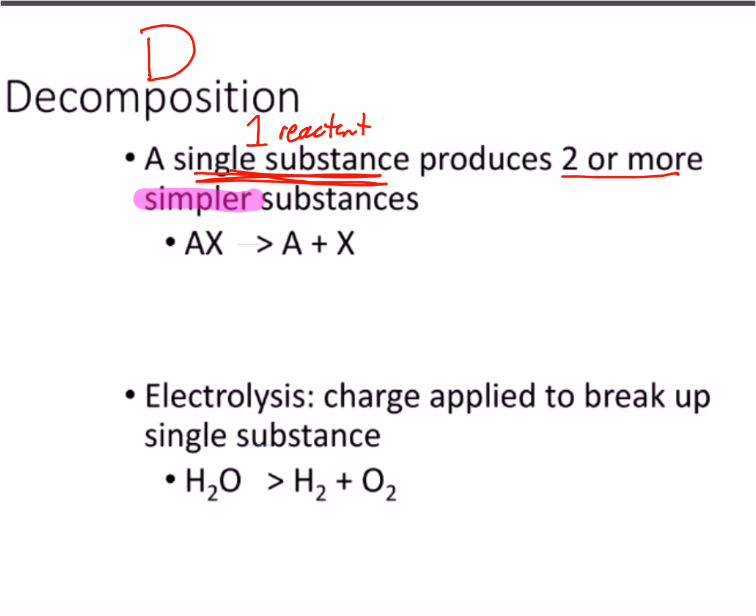Again, this is just my opinion. You guys may find something that's easier for you. In my opinion, guys, decomposition is the easiest to classify because it is the only type of reaction that has one reactant.